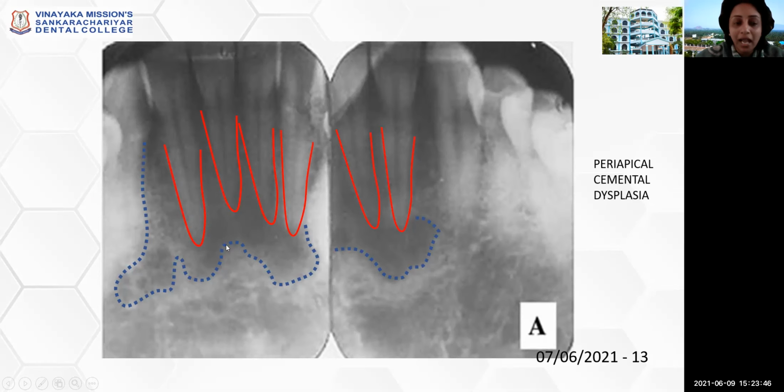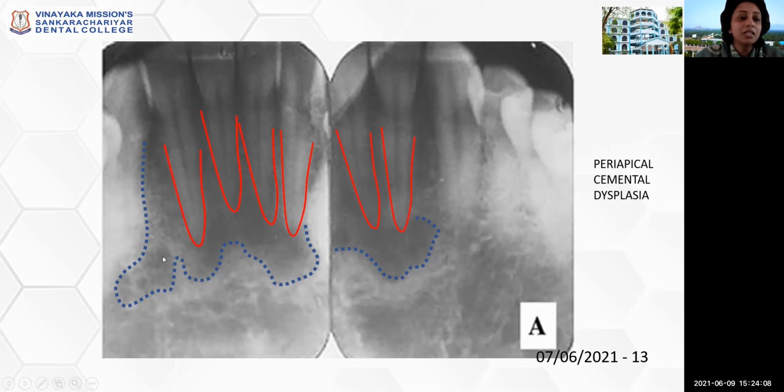Mostly it occurs in the anterior mandible in the incisor region, and it can be either solitary or multiple radiolucencies at the periapical region. This looks like a cyst, but it can be easily diagnosed. These periapical radiolucencies will not exceed 1 centimeter in diameter, unlike the granuloma or abscess.